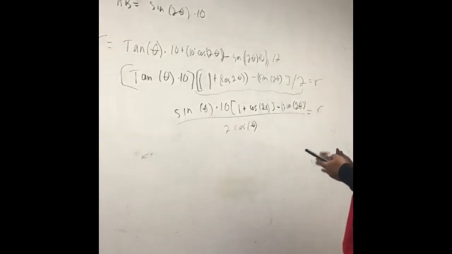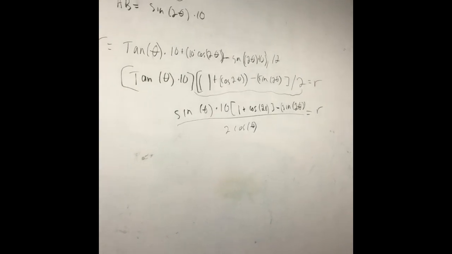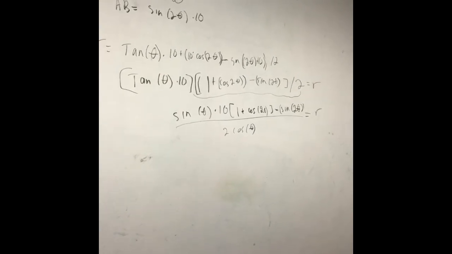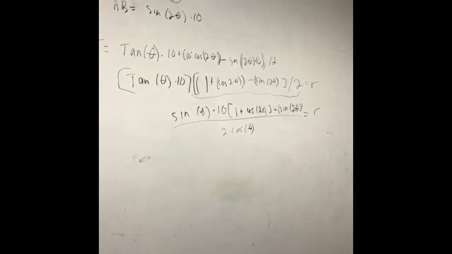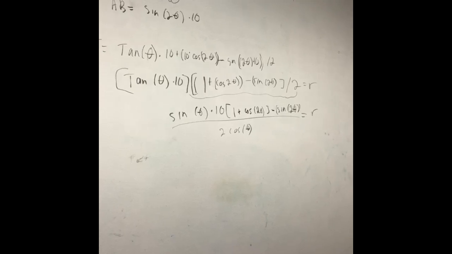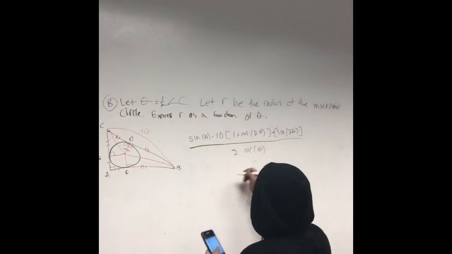And this again is still equal to r. Now we can use double angle identities to further simplify.